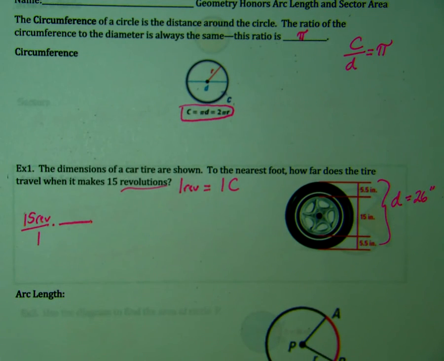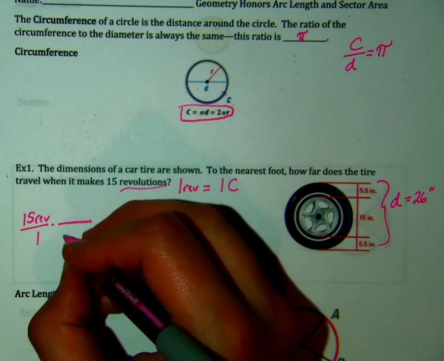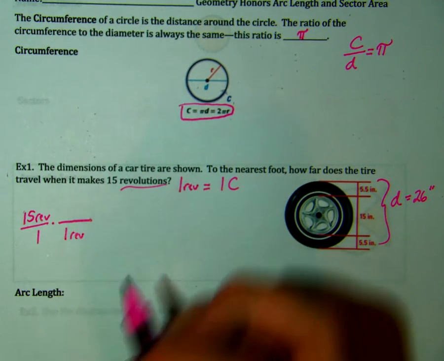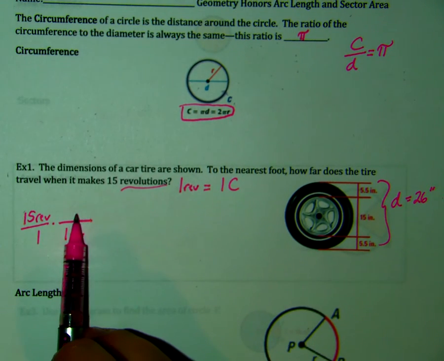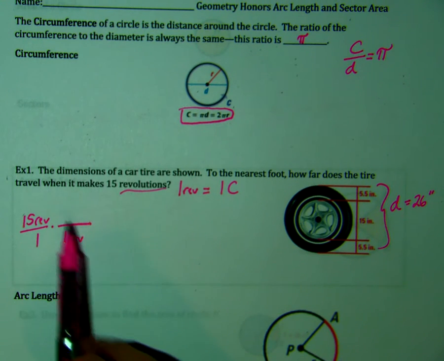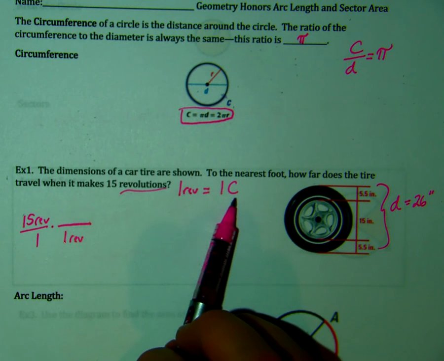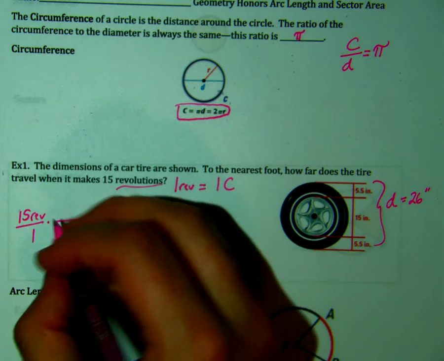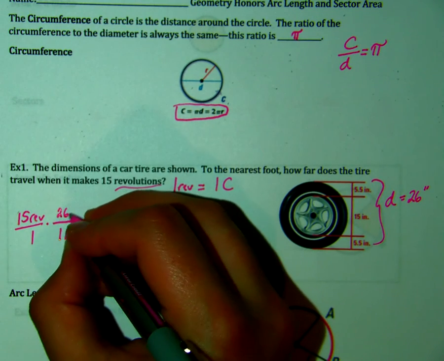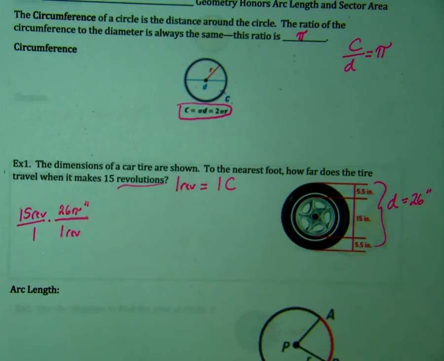And then we kind of work our way through this by making things that are not numerically equal, but are equal in terms of measurement. So for example, here, 1 revolution is equal to 1 revolution. Well, how else can I write 1 revolution? With 1 circumference. And the circumference of this is 26 pi inches.